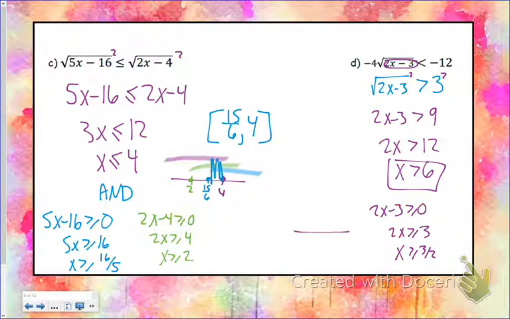If you want to graph this out, here's 3 over 2, here's 6. It's greater here, and it's greater here. So everything from there over meets our criteria. So our answer here would be from 6 to infinity, and it would be a rounded parenthesis on our numbers because it's not or equal to.